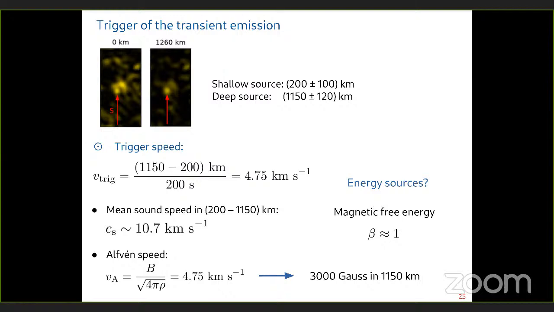So we think there might also be encompassed magnetic free energy to be converted. And you're thinking of something like a magnetic reconnection happening subsurface as a consequence of the trade-off.